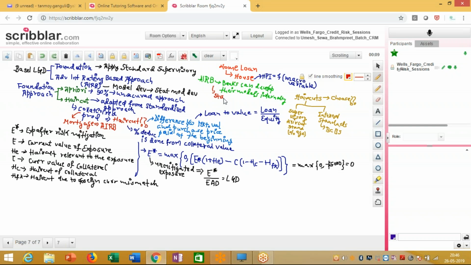So first of all, what we need to understand over here is what are the core statistical methods that we would require for developing LGD, and how the LGD data can be framed.